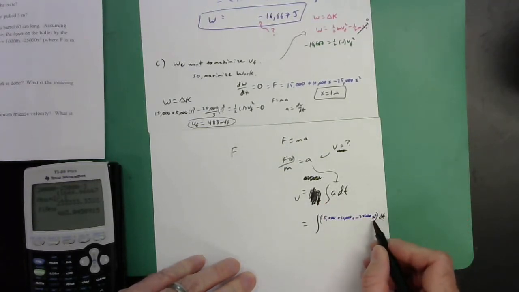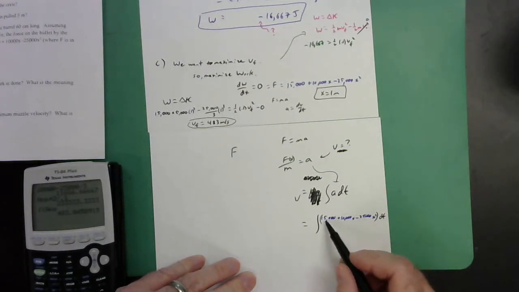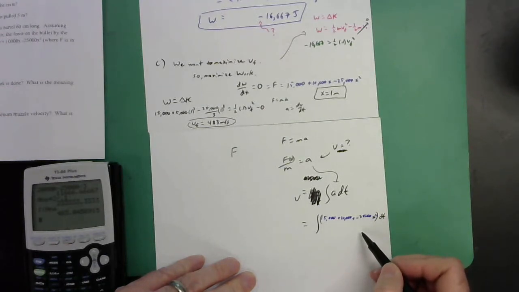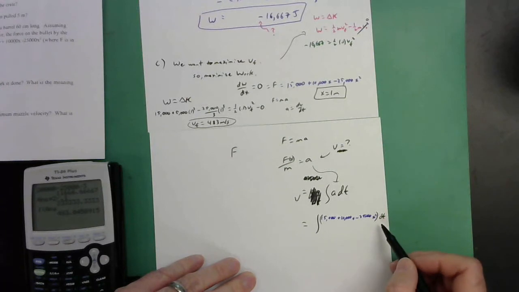But those variables aren't the same. That's x and that's t. Can't do it. The variable you're going to integrate has to be the only variable in your equation. As time goes by, this x position is changing. I can't have two different variables there. I have to have it all in terms of one variable.